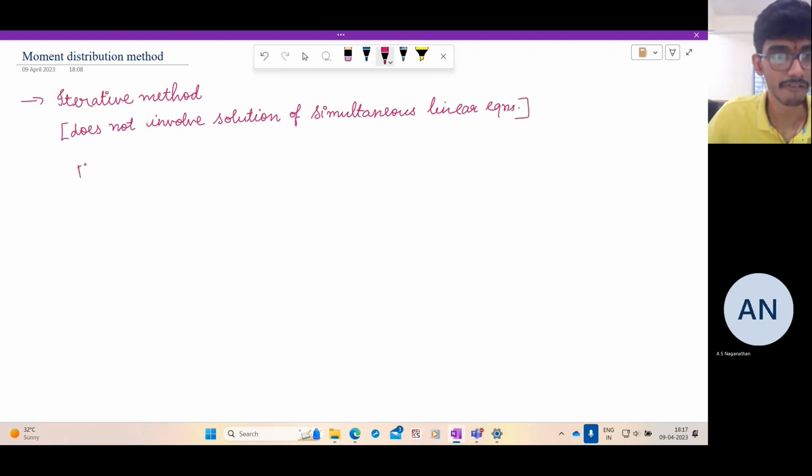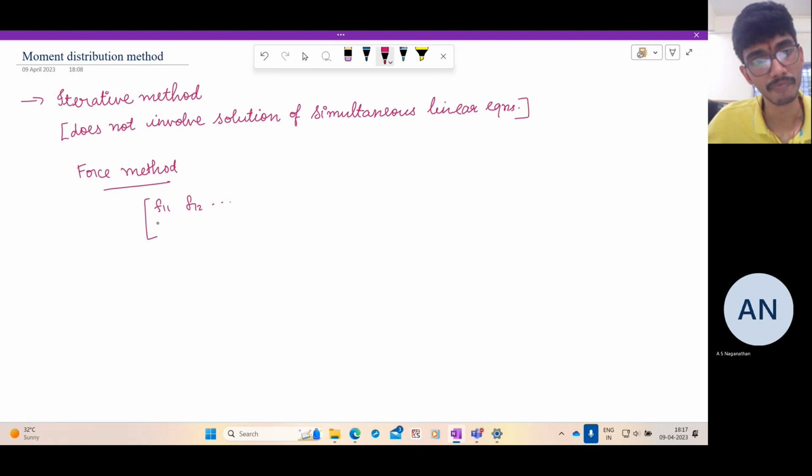If you recall, in the force method, what did we have? We had a matrix F11, F12, F21, F22, and so on.